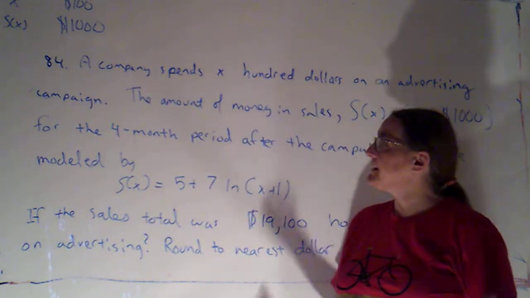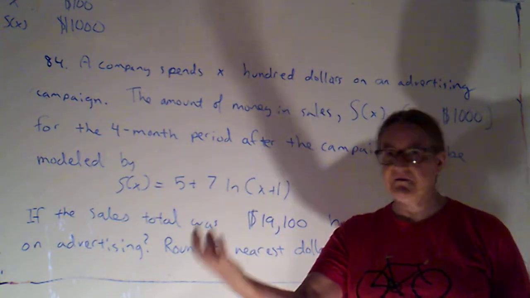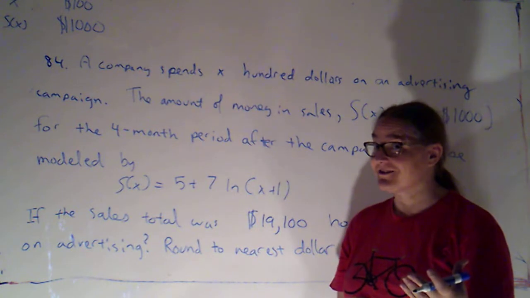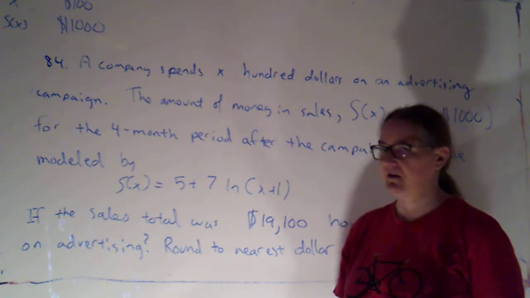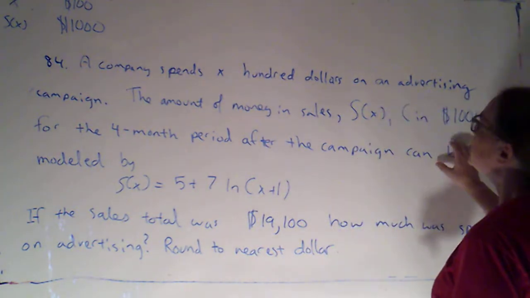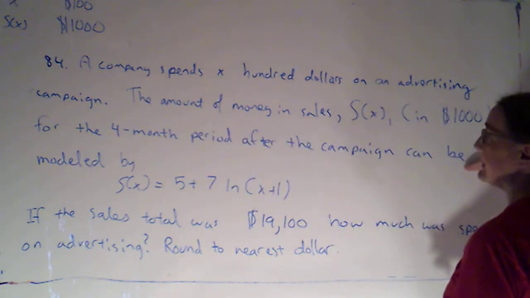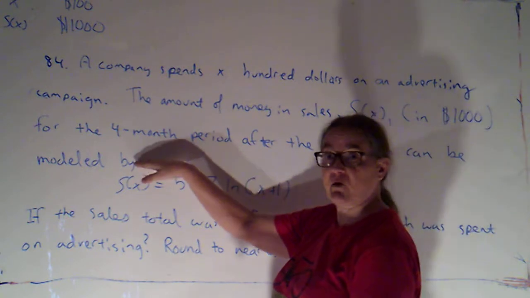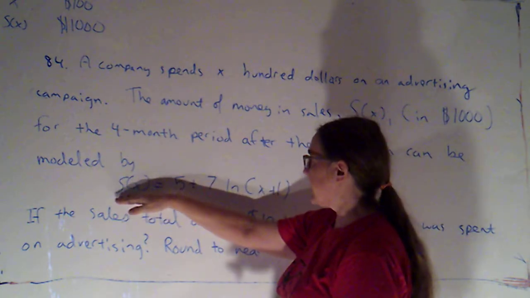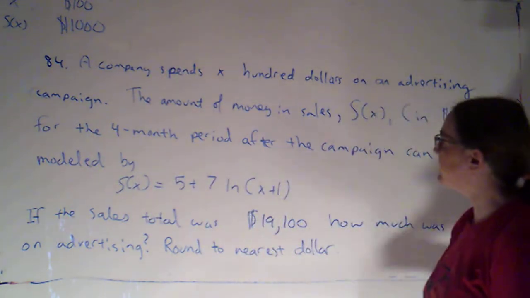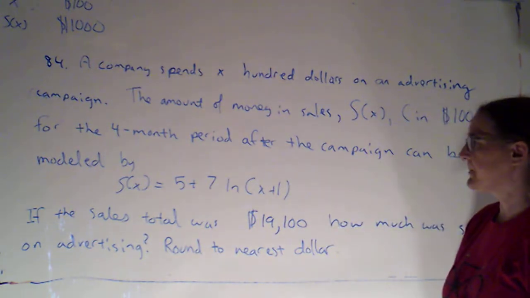So if I get that my sales was 5, that doesn't mean $5, and it doesn't mean $500. It means $5,000. Okay, so, and this is the amount in sales for the 4-month period after the campaign can be modeled by this equation. S of X, the sales, is 5 plus 7 times the natural log of X plus 1.